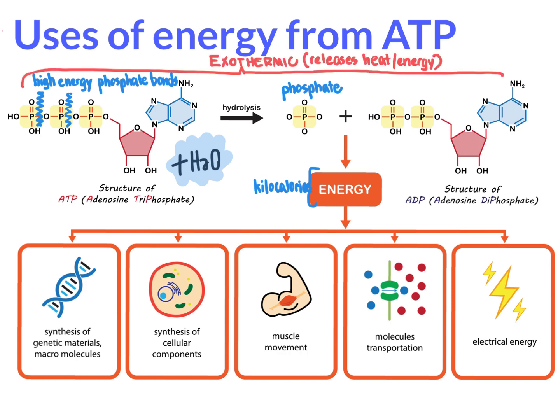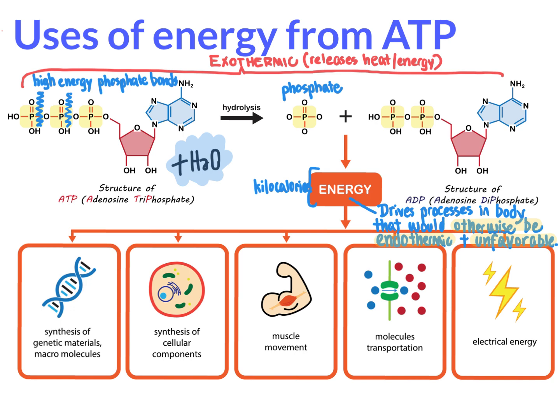Exothermic, by definition, means it releases heat, or otherwise known as energy. That energy is used to drive processes in the body that would otherwise be endothermic, hence unfavorable without the supply of this external energy provided by the energy that is released from breaking ATP into ADP and breaking that high energy phosphate bond.